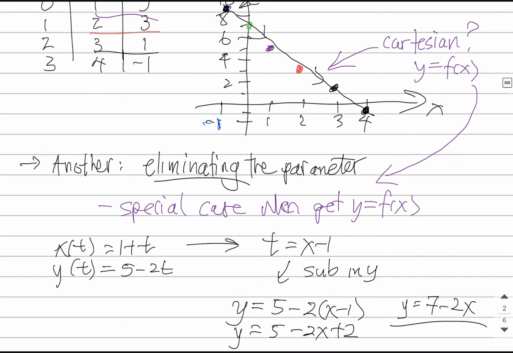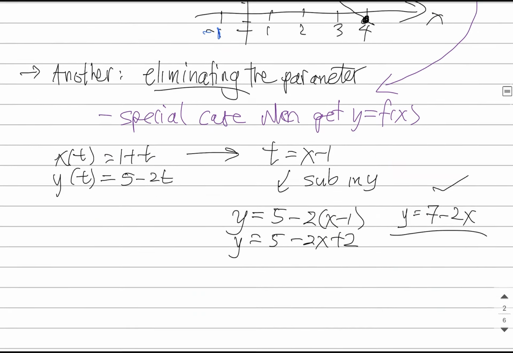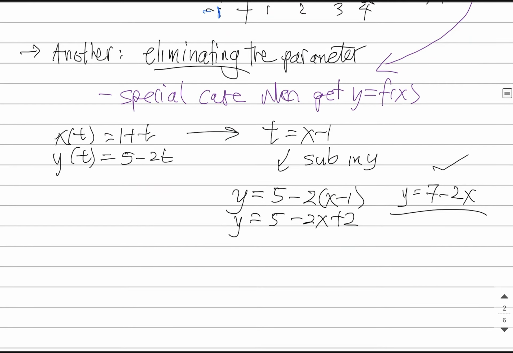So if I take a look at this, this tells me I have a line, y equals 7 minus 2x. So the y-intercept should be 7, which it is right up here. And we should have a slope of -2, which in fact we do. Every time we move over one step, we drop 2. We move over one step, we drop 2. So this does match what the parametric graph gives you.